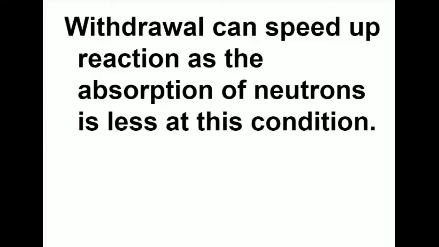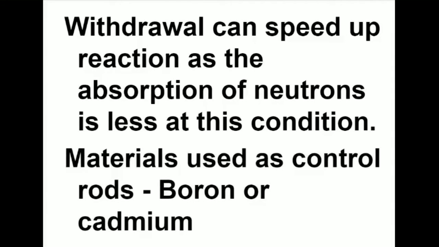Withdrawal of the control rods can speed up the reaction as the absorption of neutrons is less in this condition. So by inserting the control rods, we can absorb more neutrons, and by withdrawing the control rods, neutrons absorbed will be less and the reaction speeds up. Materials used as control rods are boron and cadmium.